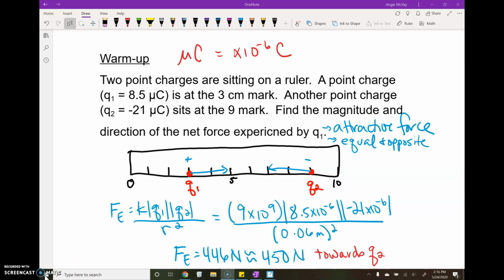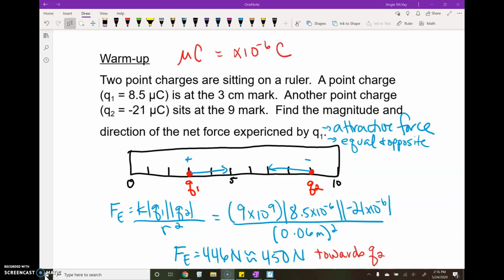A couple of things that I want to point out conceptually: since the 2 charges have opposite signs, they will be attracted. Those forces will be attractive. Also note that between those 2 charges, the forces are equal and opposite.